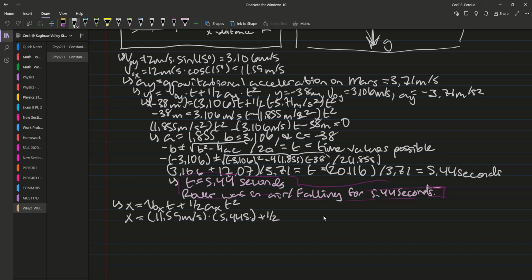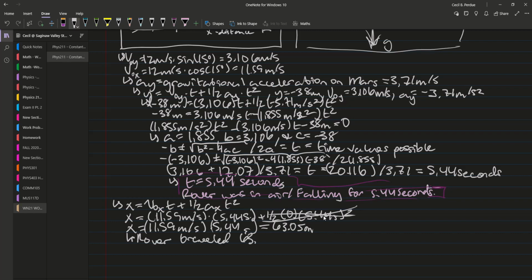Well, we have no force acting on it, so there's no acceleration, so that's just 0, multiplied by 5.44 seconds squared. This will all just cancel off and be 0, so x is going to be equal to 11.59 meters per second multiplied by 5.44 seconds. X is equal to 63.05 meters. The rover traveled 63.05 meters while falling.